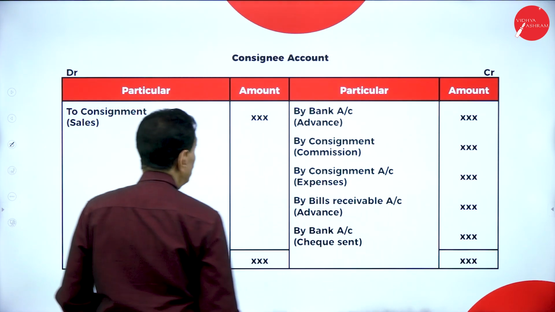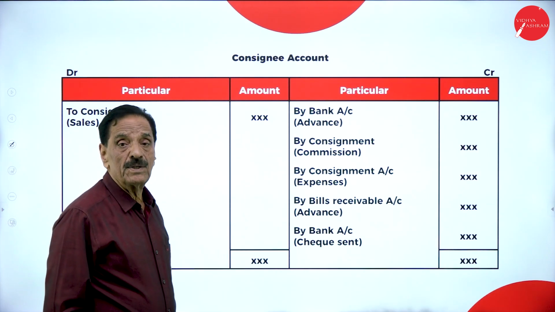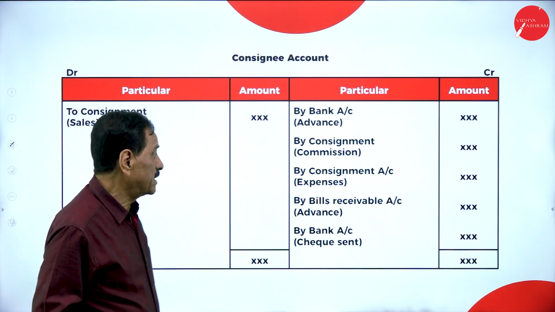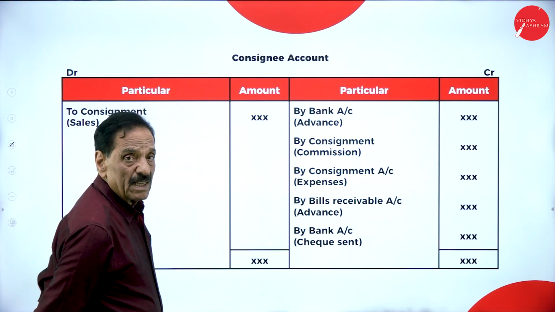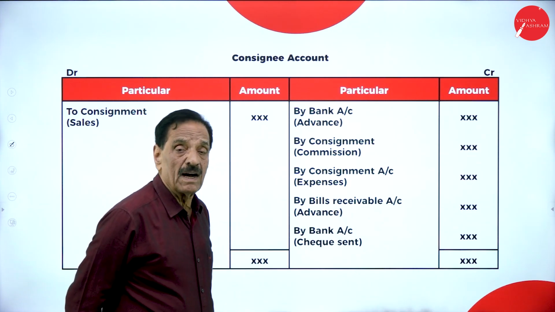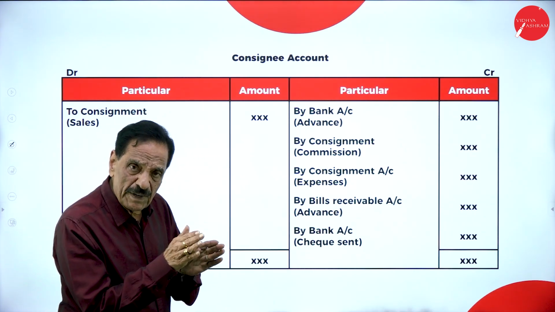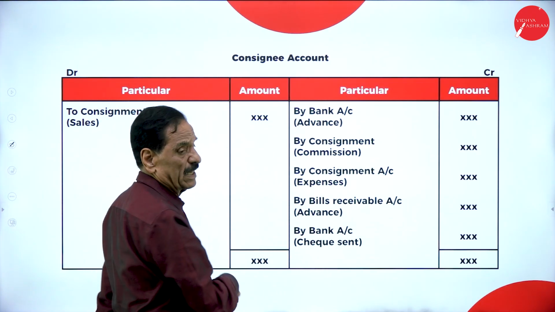Out of the amount, he will deduct his advance, his commission, his expenditure. If the advance is given in the form of a bill, he will deduct that too. The difference is sent by consignee to consignor.